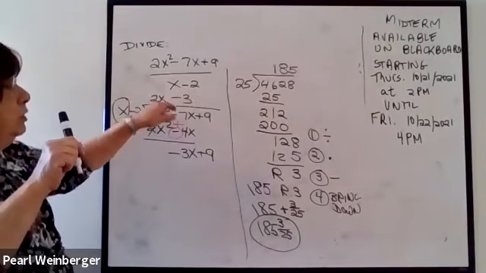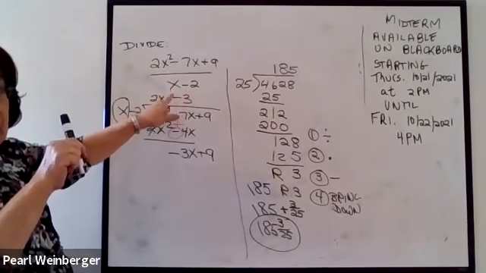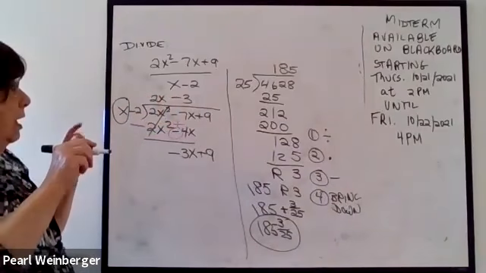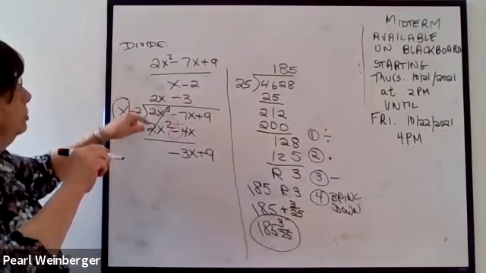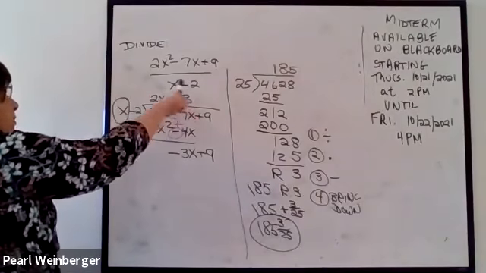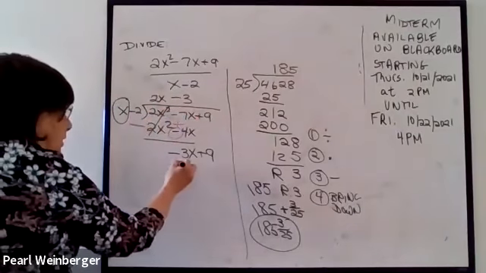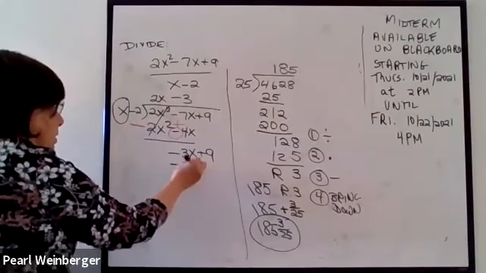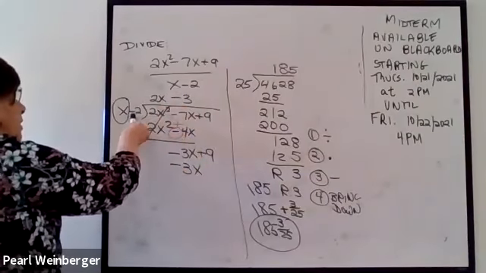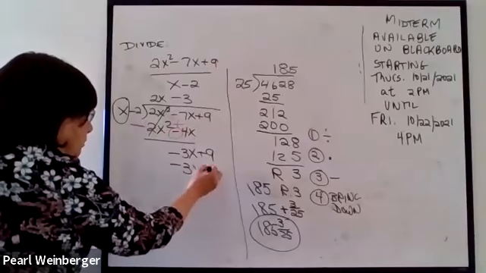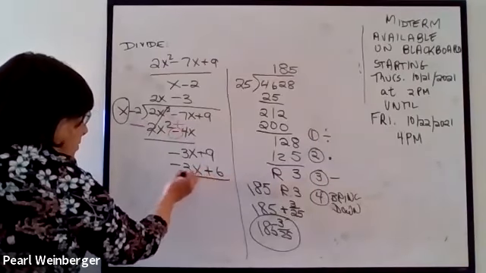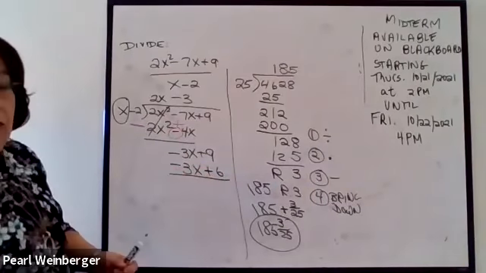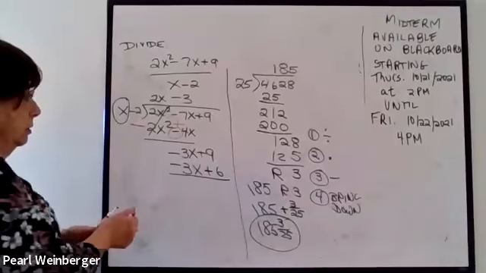Okay, I take what I just put on top, which is the -3, and multiply it by the whole divisor. So -3 times x gives me -3x. And -3 times -2 gives me +6. You're going to have to be careful with your signs.